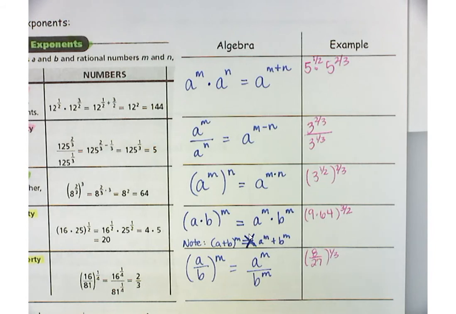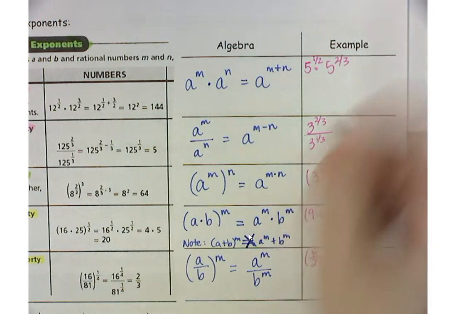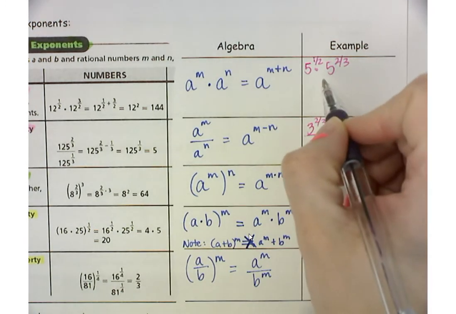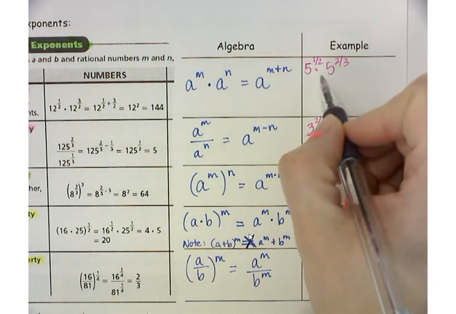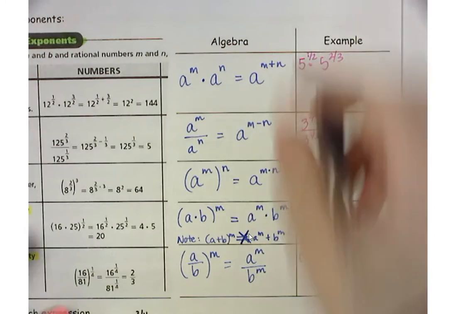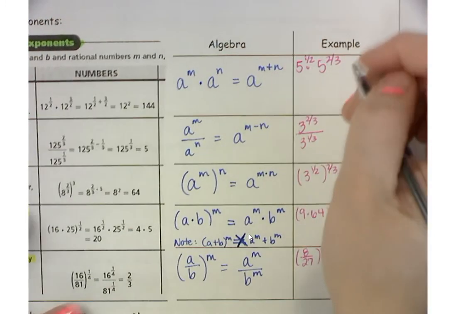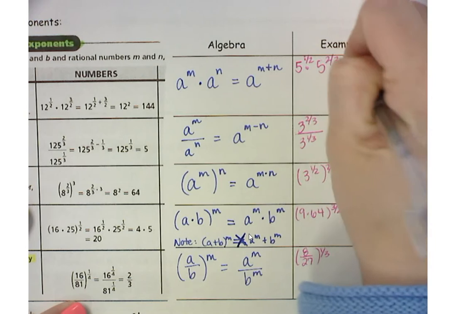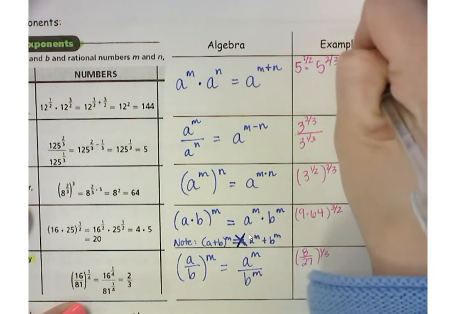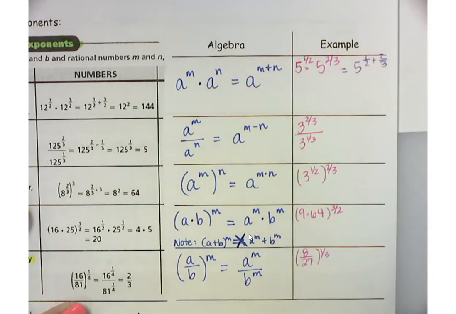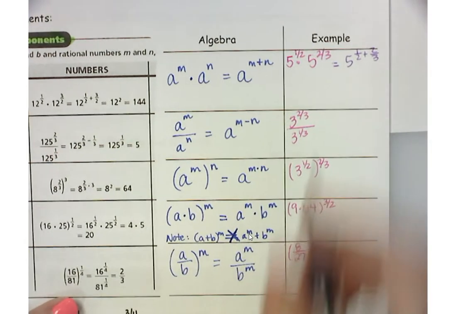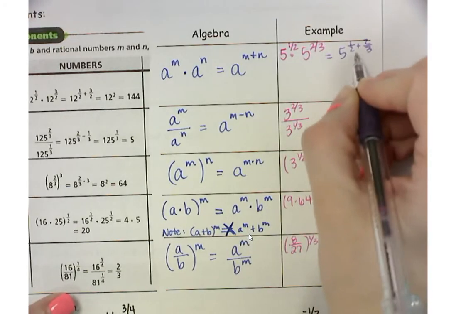When you're adding fractions, what do you need? You need to make the denominator the same. So what did you make the denominator for this? 6. Okay, good. So then you're going to have 5 to the power of 3 over 6 plus 4 over 6. And then you're just going to leave this as 5 to the power of 7/6.